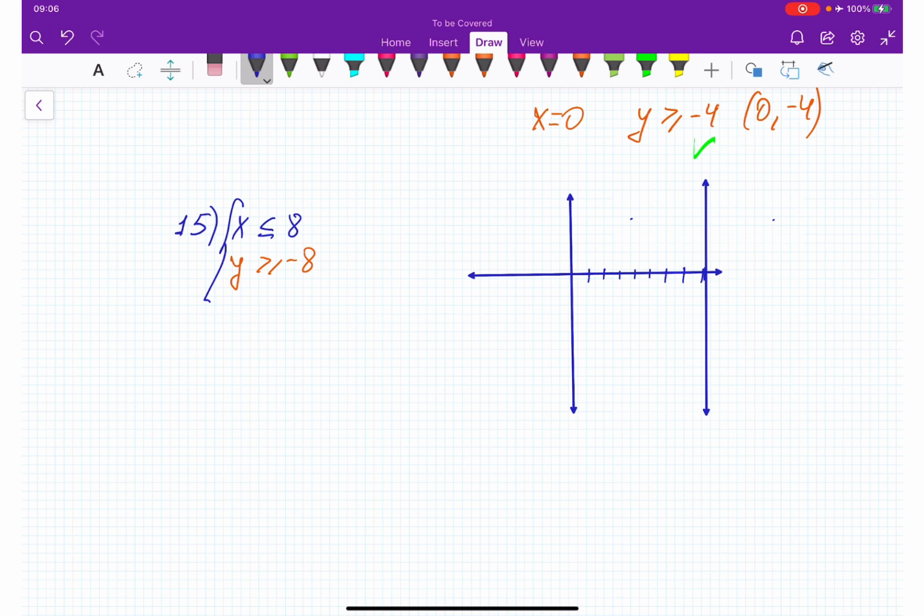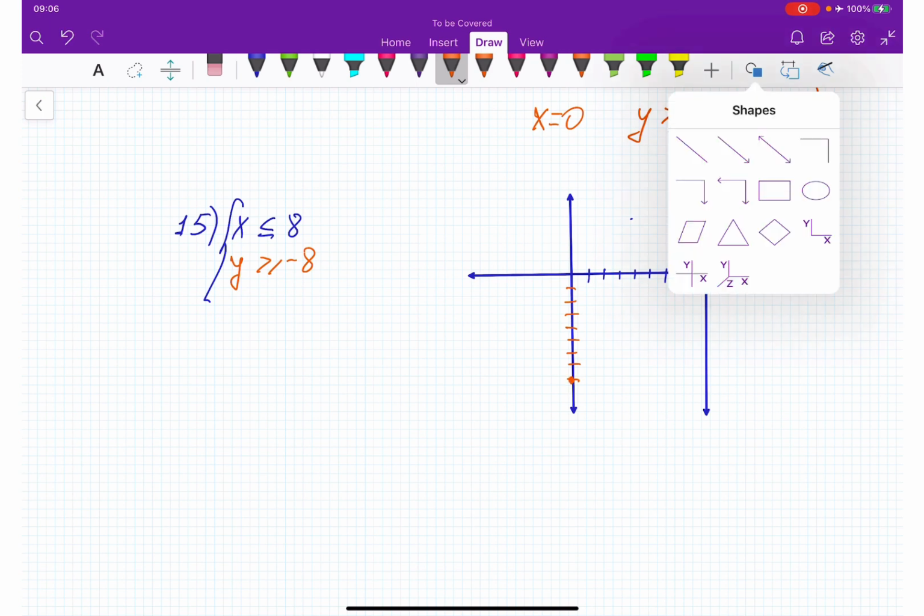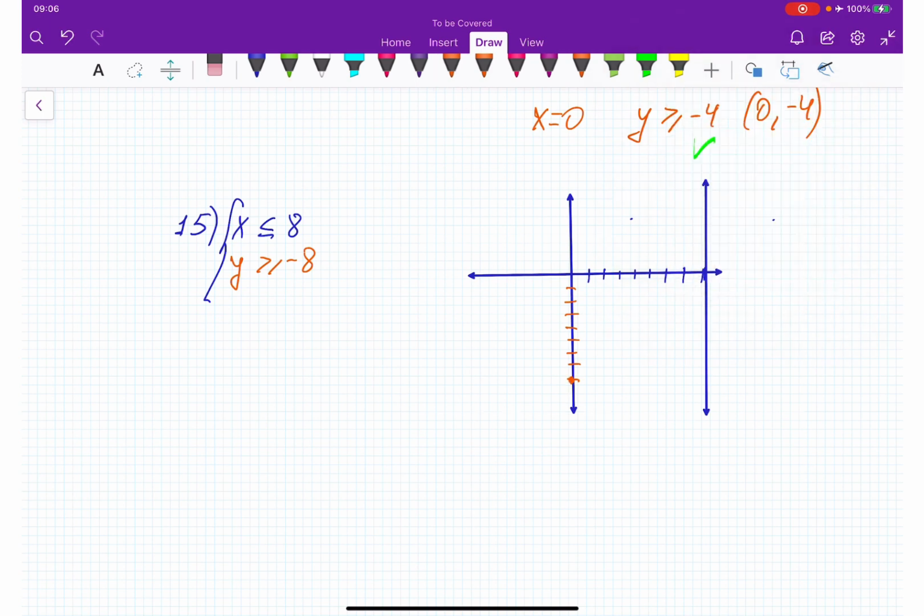Okay, and now we are moving to y is equal negative 8. 1, 2, 3, 4, 5, 6, 7, 8, negative 8. And the graph is gonna go like this. Remember, for this blue graph, the slope is gonna be infinity, right?